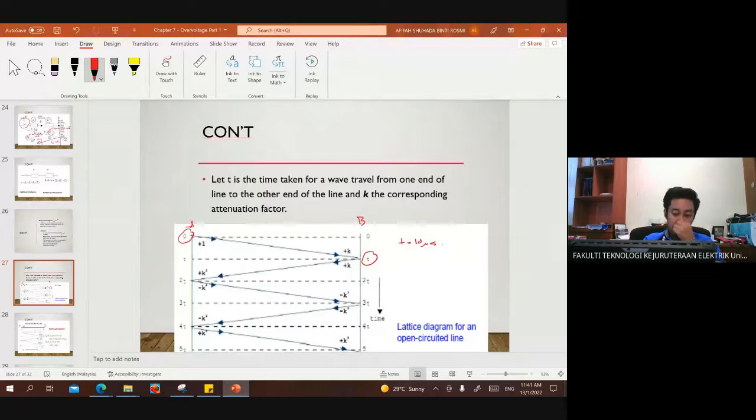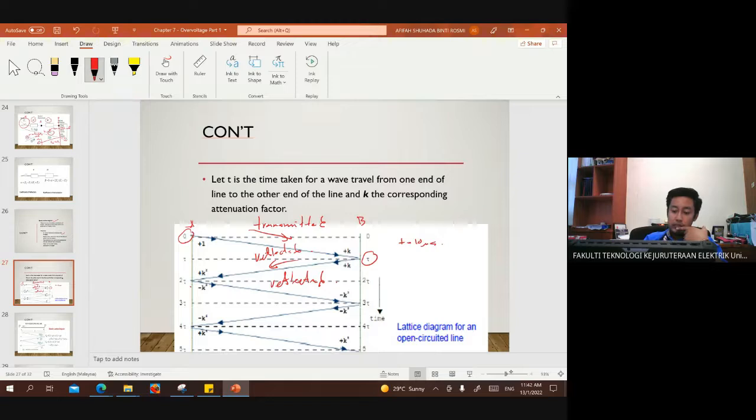So the reflect back, this one the transmitted, okay, this one the transmitted. And then from point B to point A, we call as reflected. And then from point A to point B, it will still reflect. Okay.